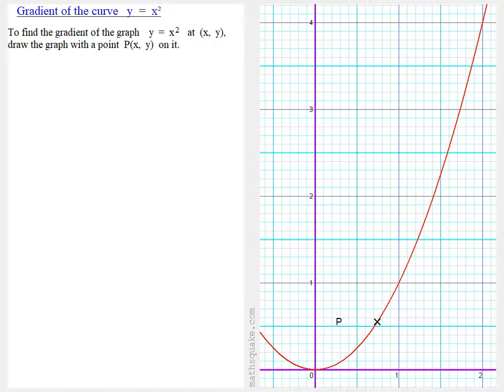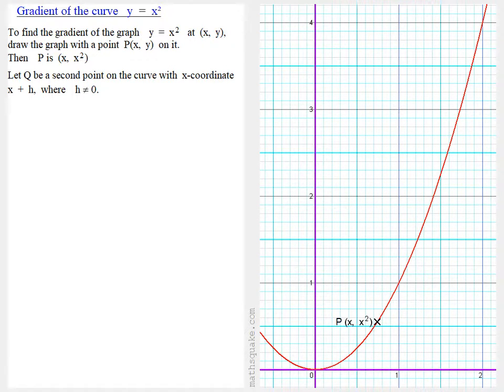Let's look again at the gradient of the curve y equals x squared. Now, to find the gradient of the graph y equals x squared at the general point x, y, draw the graph with a point P with coordinates x, y on it. Then y is equal to x squared, so the coordinates of P are x, x squared.